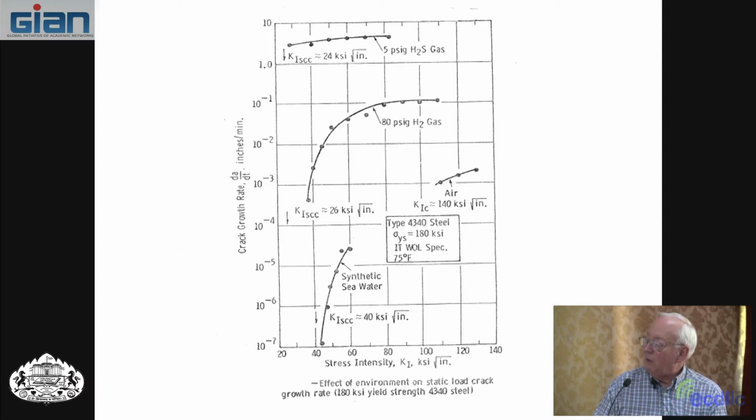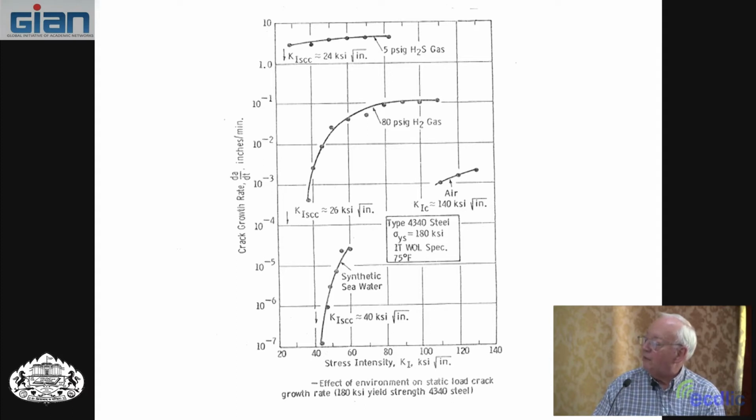seawater causes crack growth. This is inches per minute, 10 to the minus 5. A lot of times failure happens at about 1 inch. So in this case, it takes about 1,000 hours to fail. In this case, it takes less than 10 minutes to fail.